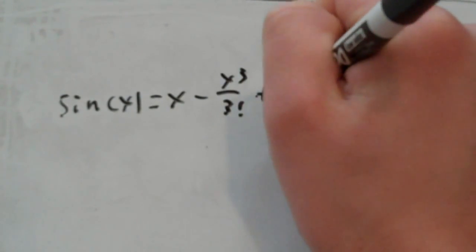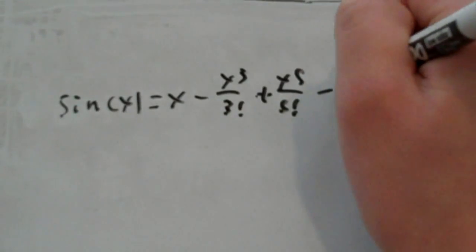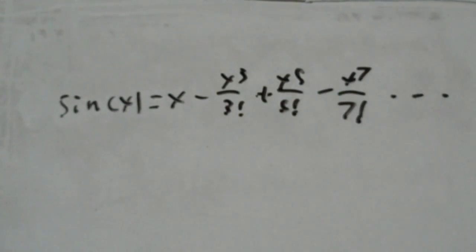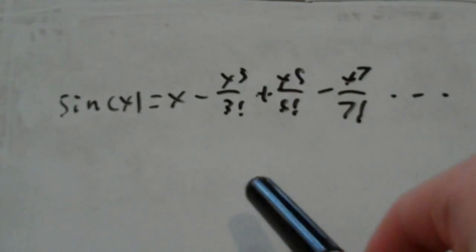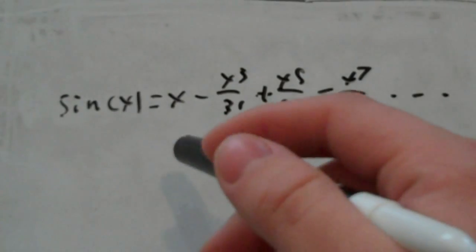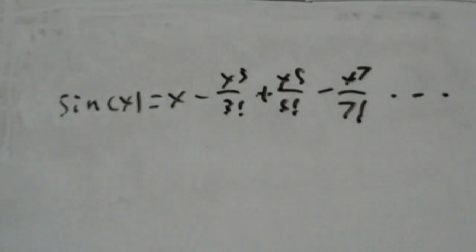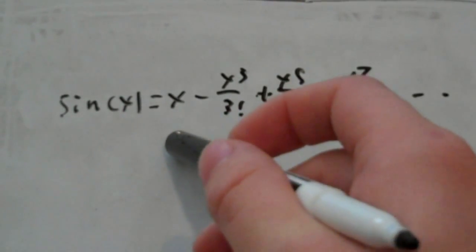Now, the last of these expansions that I'm going to show you, who I don't know who created them, but somebody did, is sine of x. And that is the same as x minus x cubed over 3 factorial plus x to the 5th over 5 factorial minus x to the 7th over 7 factorial, and again, continuing on to infinity, keeping the same pattern of starting at, technically, x to the 1st over 1 factorial, and increasing by 2, alternating positive, negative, plus, minus, starting with positive/plus.